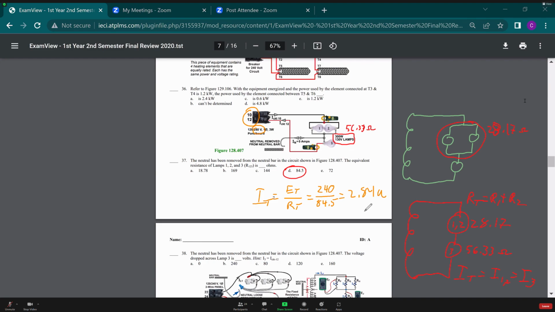Now that we have one number to go off of, we can use the resistance of a specific element to figure out the specific amps. Or the specific voltage, I apologize. Because E equals I times R. So if I have I of 2.84 multiplied by resistance, and if we're looking for lamp 3, we're going to use the resistance in lamp 3, 56.33.